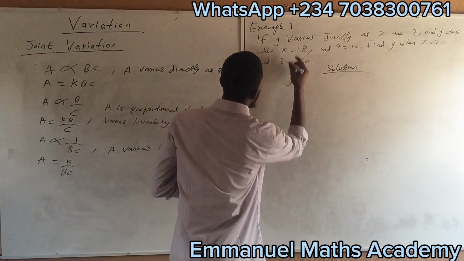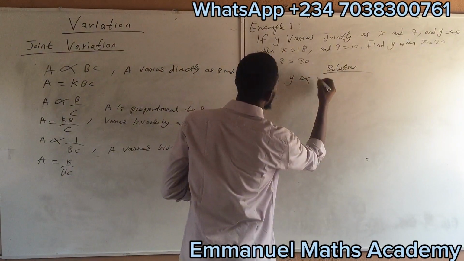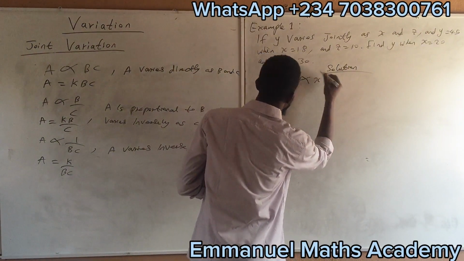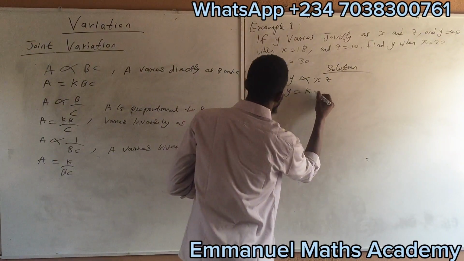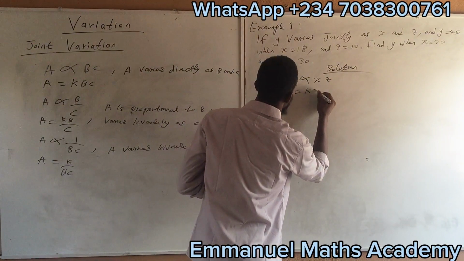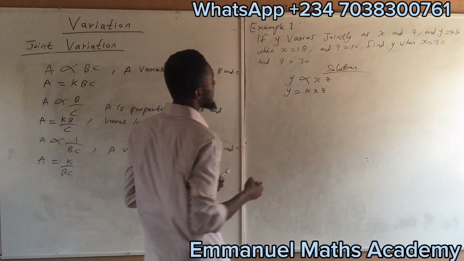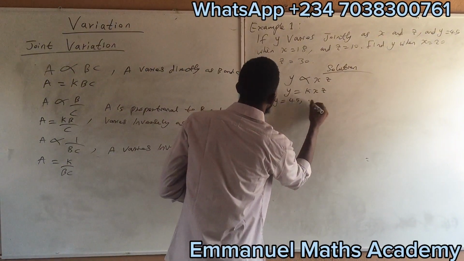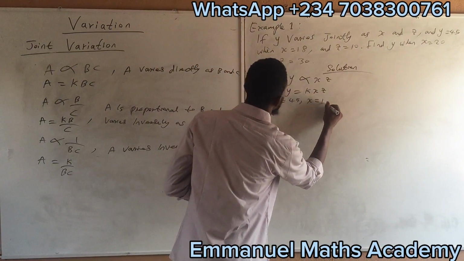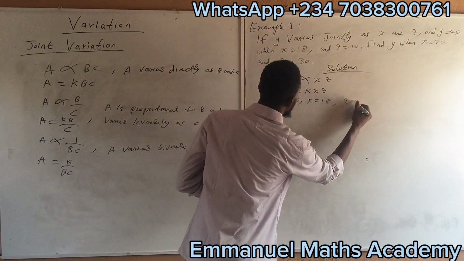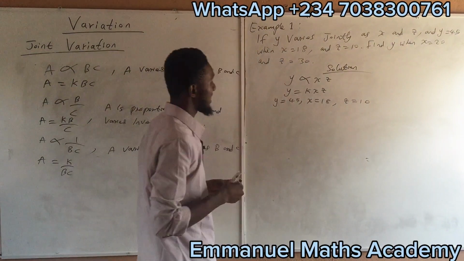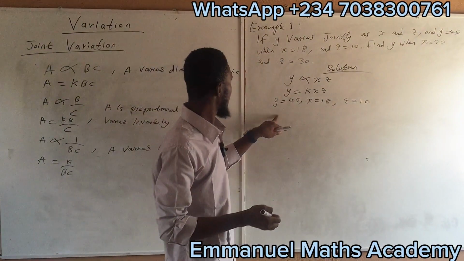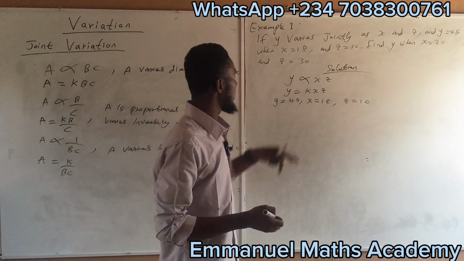We have that Y varies directly as what? X and Z. The equation is what? Y equal to KXZ. From this, you say that our Y is 45, our X is 18, and our Z is 10. Right? Now substitute the values of Y, X, and Z in our equation.